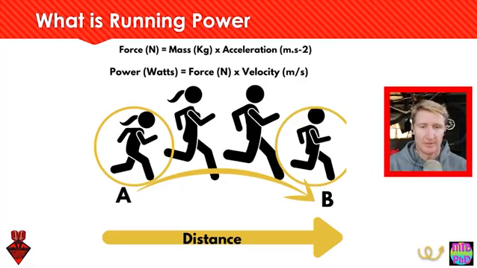That's right. So just recapping that, it's again the same equation. It's just the way in which we arrive at the numbers is slightly different, but it is still the rate of doing work.